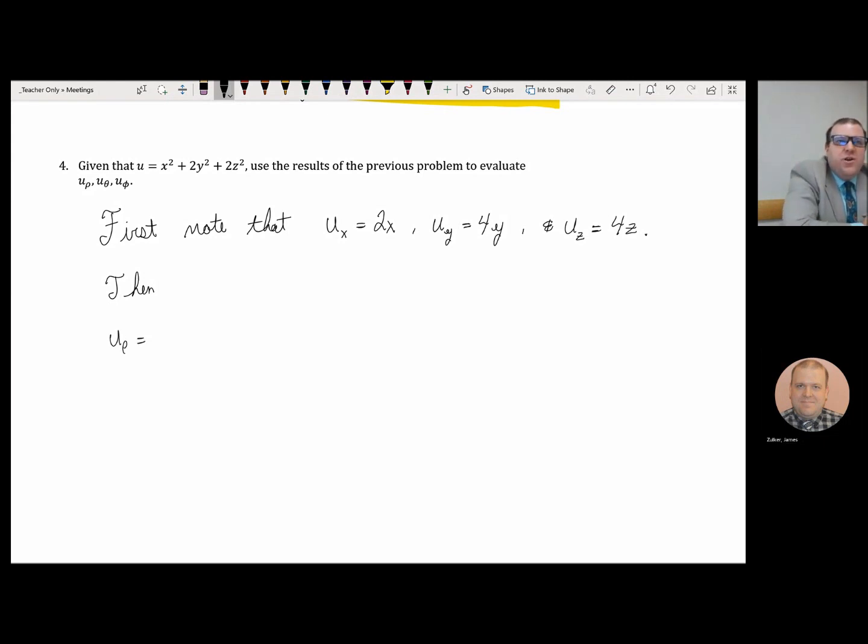So starting with U_rho, it would be what? U_x times cosine theta sine phi, right? Plus U_y times sine theta sine phi, plus U_z cosine phi.